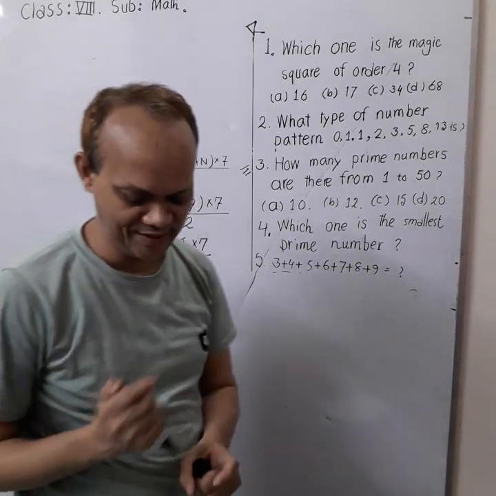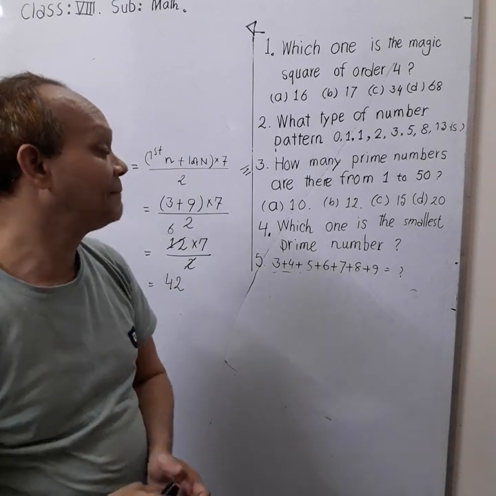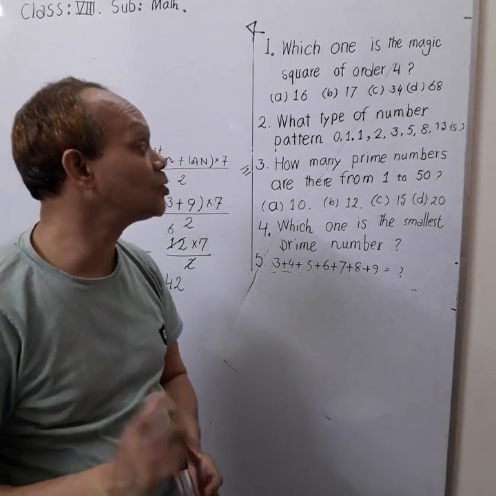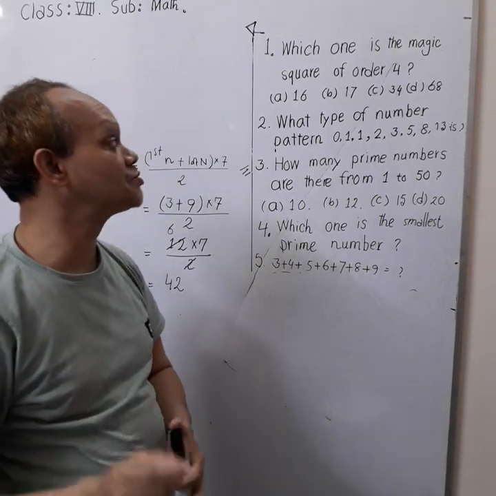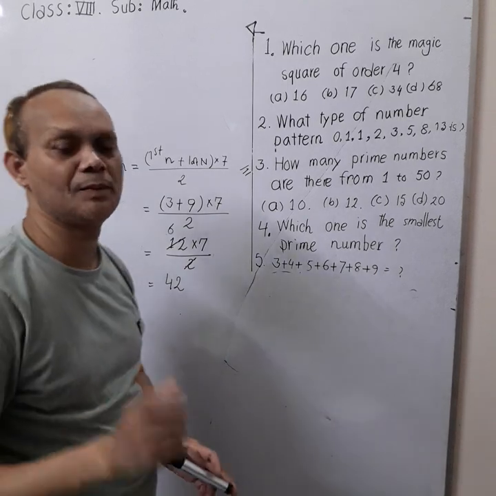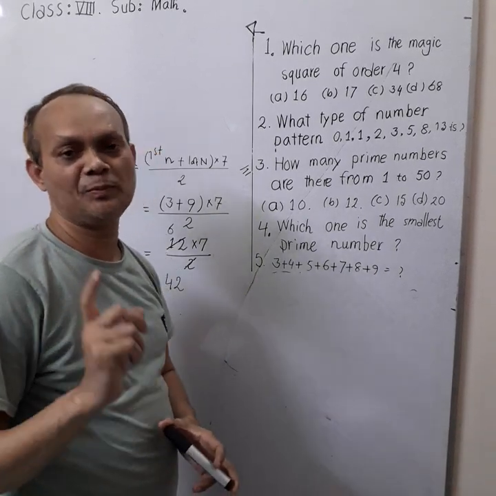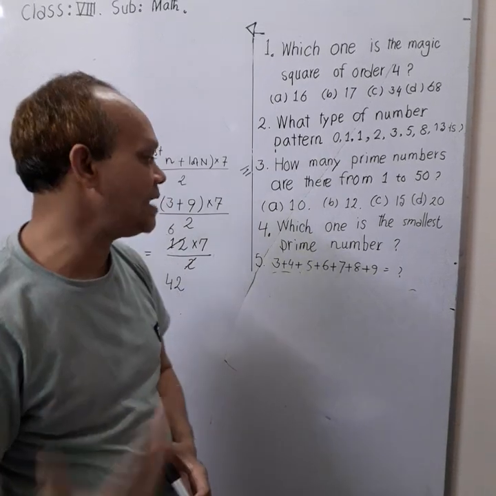So my dear students, in this short class, you have understood how to find the magic number of different types of magic squares, and then you have got an idea about Fibonacci numbers, and then you have got an idea about prime numbers.